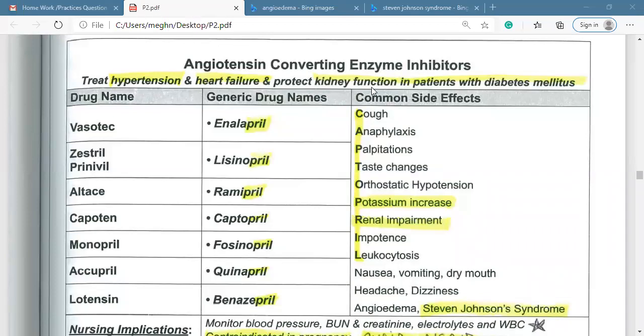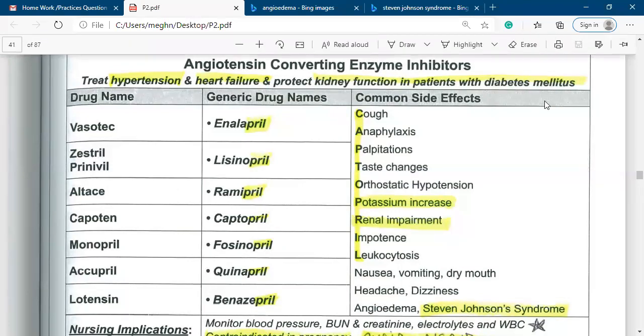Okay, if you need to make it short, usually the NCLEX board asks what are the side effects of angiotensin converting enzyme inhibitors, or of lisinopril or ramipril or captopril. Most commonly they give dry cough, or angioedema, or Stevens-Johnson syndrome.